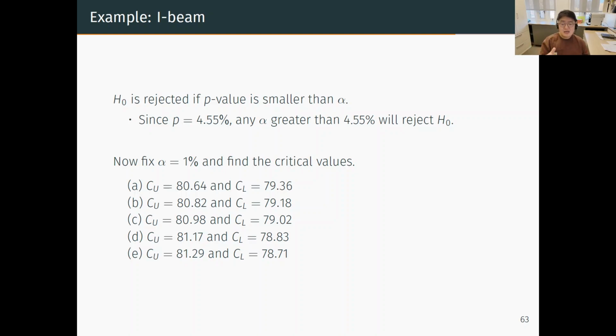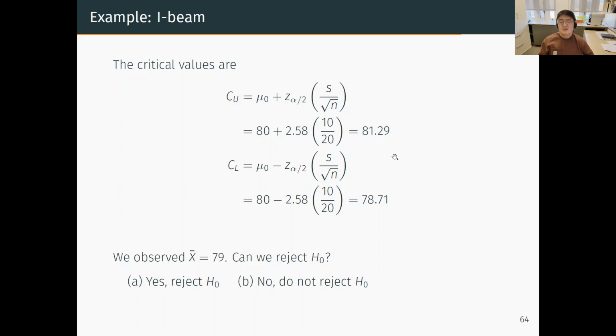So 80 is the center point, and you allow a certain margin around the null hypothesis value, right? So you have to calculate the margin for the critical values. That is given this way. This is the null hypothesis, which is 80, pretty simple, but we need to calculate this part.